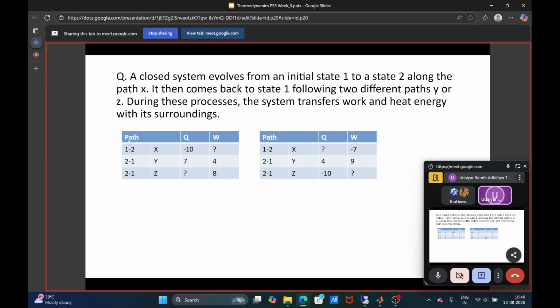So initially it goes from 1 to 2, and then it comes back from 2 to 1 by y or by z. In this case you need to find the work and heat energy.